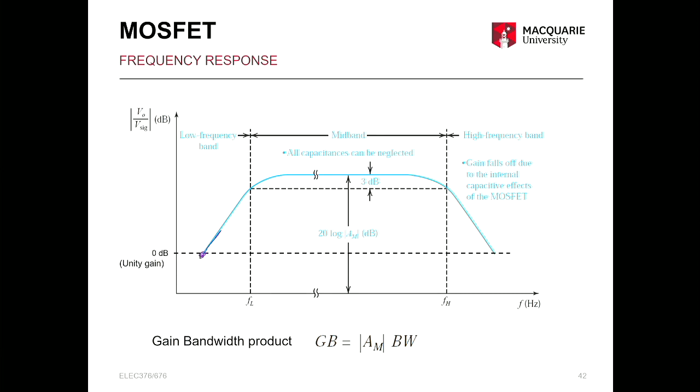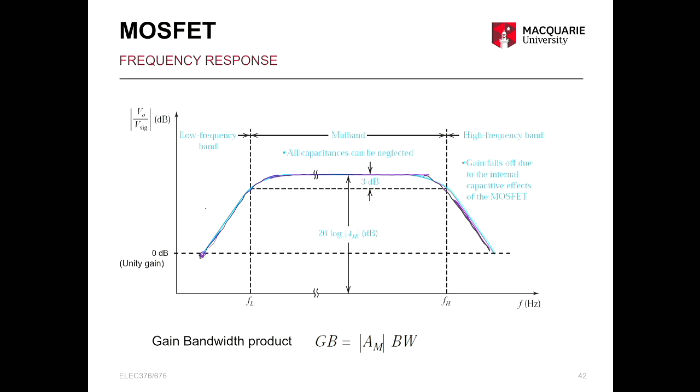As the frequency goes higher, the coupling capacitors become invisible to the signal. Now they act like a short circuit, so you get a high gain, which it maintains for a bandwidth of frequency. Then, because of parasitic capacitors, it comes down again.